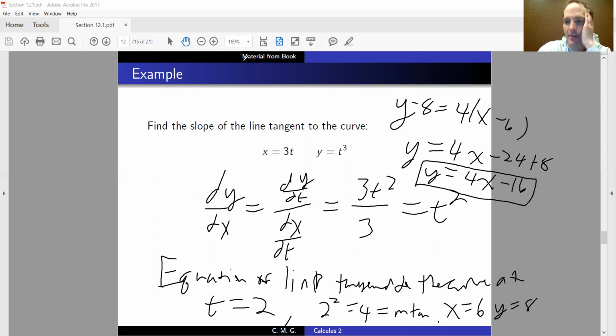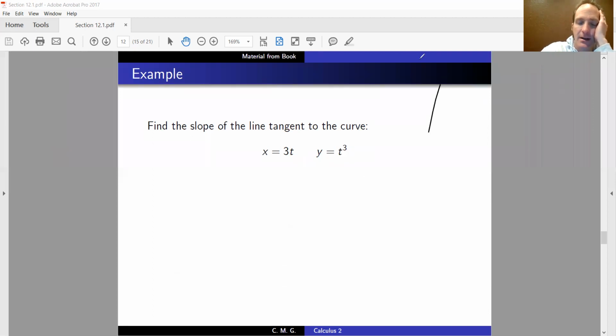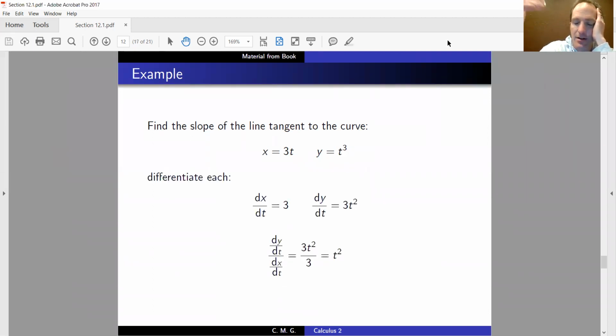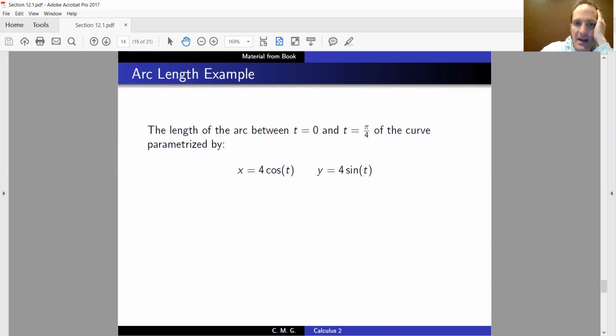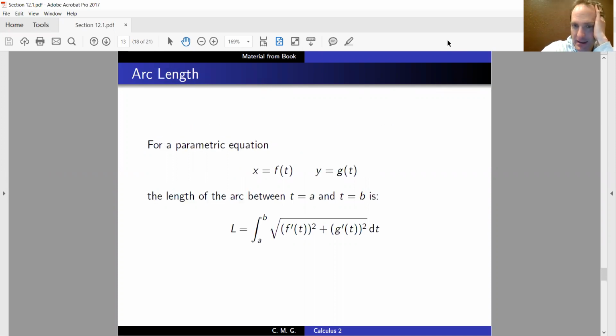And this is not a difficult thing to run through, especially with these nice curves. You get good derivatives out of these things. It's pretty good.